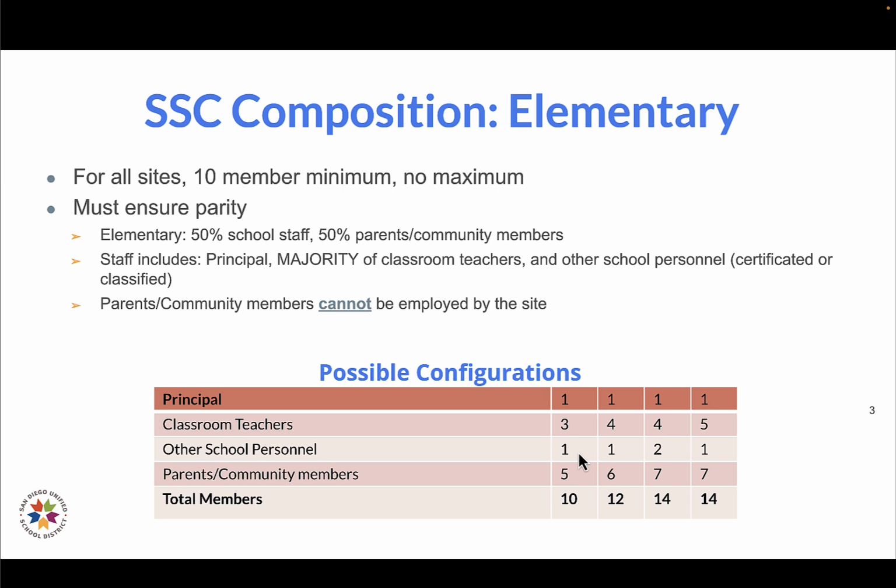It could be a BSS, a vice principal, a school counselor, whomever, but it just can't be a classroom teacher, meaning they can't have a roster. In this particular example, there are 5 parents on the parent/community member side. A community member can be anyone who is nominated by a parent. So parents nominate and vote on who the parent/community members would be.